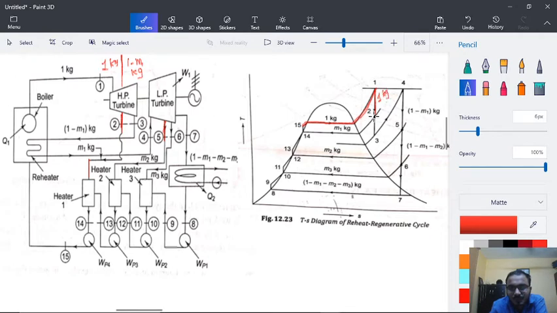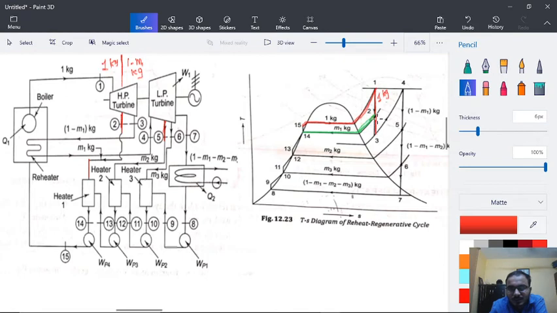Then we are having M1 kg being extracted. So let me use this. This is the M1 kg which is going into heater number 1, and then the 1 minus M1 kg portion is being expanded again over here.